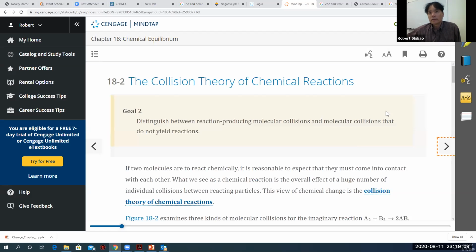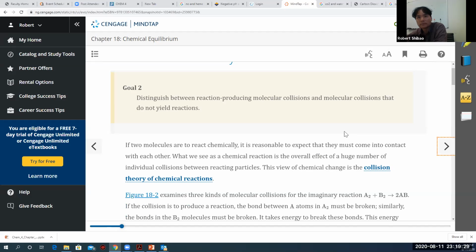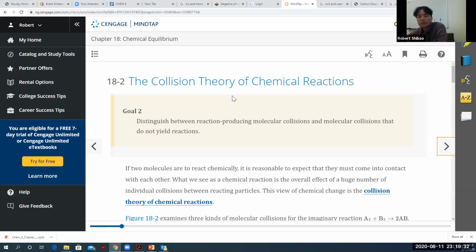But before we can get to the other reactions, this is why I say there's kind of like two chapters in one. So on the one hand, we're talking about the dynamic equilibrium. On the other hand, they're talking about kinetics, you know, collisions and that kind of stuff. So both are important, but they're kind of two separate topics here. And I was talking about the waters.